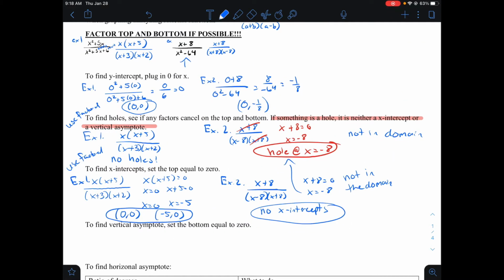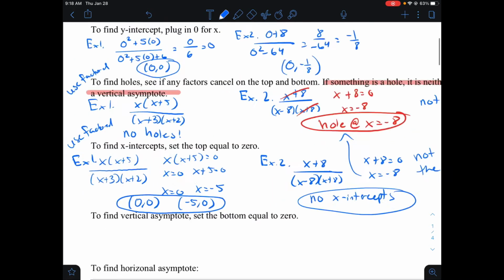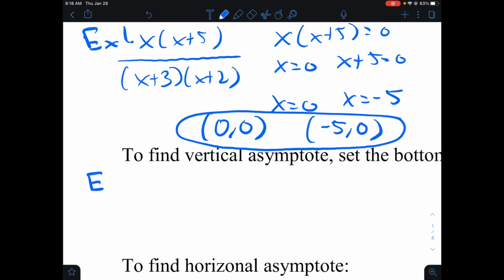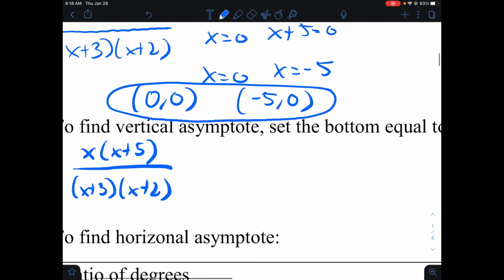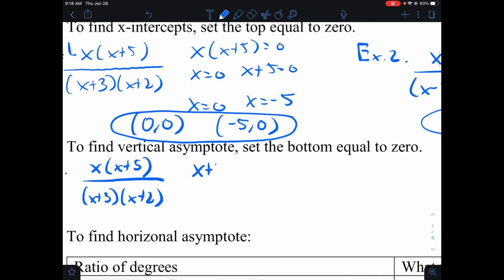All right, so then it says to find the vertical asymptote, set the bottom equal to 0. So again, let's go ahead and do our example 1. We've got x plus 5 over x plus 3, x plus 2. So we're going to set the bottom equal to 0. X plus 3, x plus 2 equals 0.